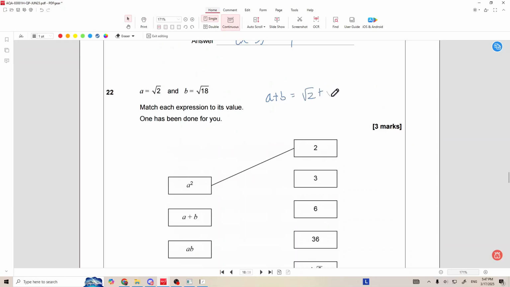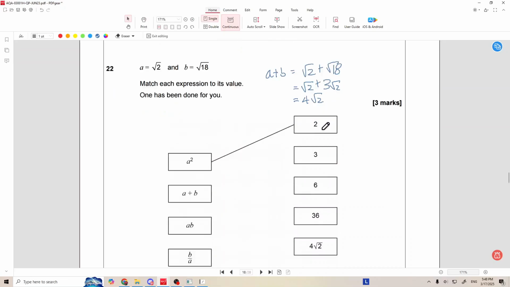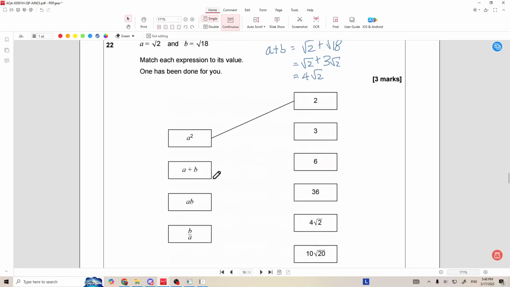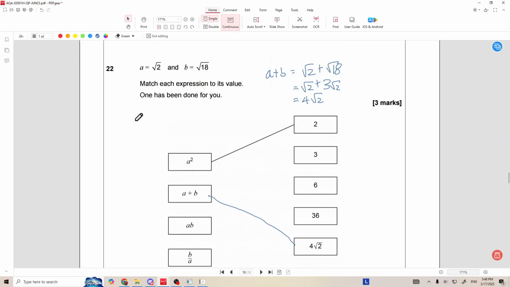So root 2 plus root 18 is root 2 plus 3 root 2 equals 4 root 2. Yep, there it is. A plus B, root 2. AB equals root 2 times root 18, which is root 36 equals 6. I see a 6 there, so that is the answer.